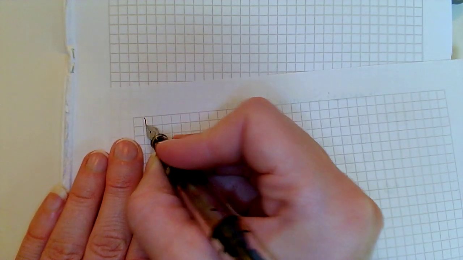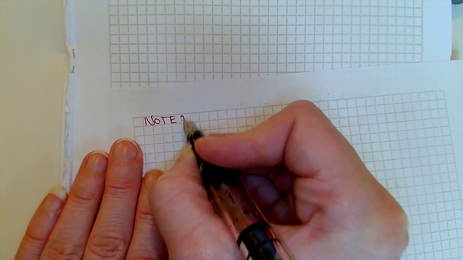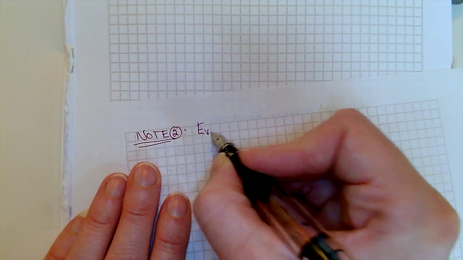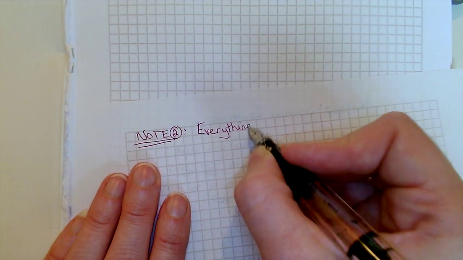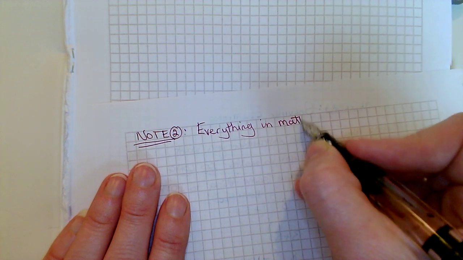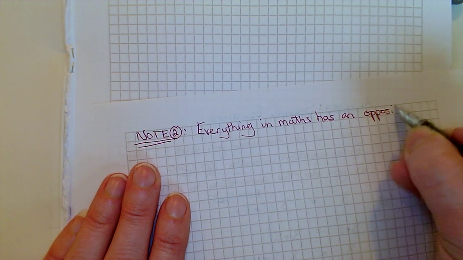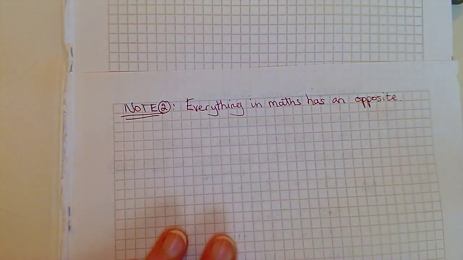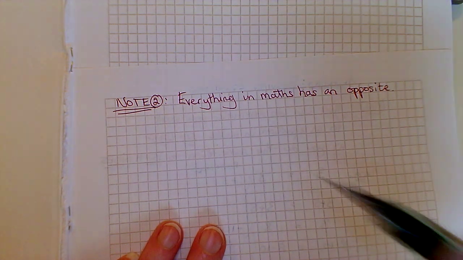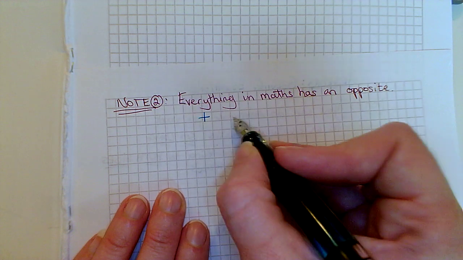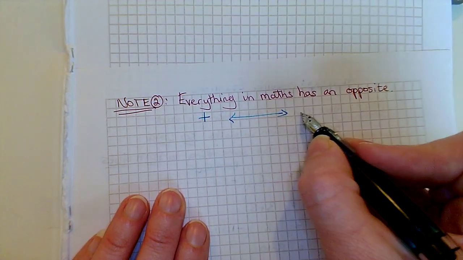Right, there's another note I want to write down. So the next important thing we want to say, don't have to give it a number, is that everything in maths has an opposite. Let's list out some of them. So, for example, the opposite to addition is subtraction.